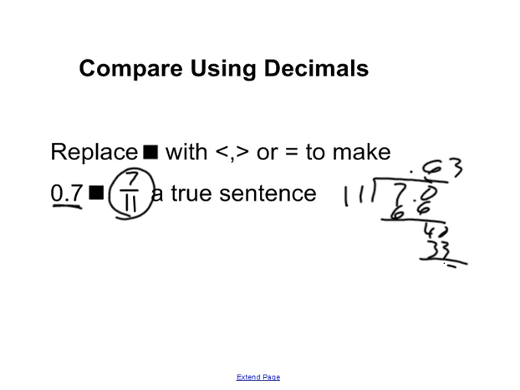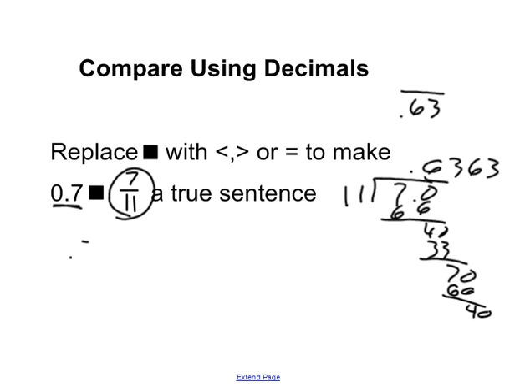It would be 33. 11 will go into 70 6 times. I think I've got a repeating decimal here. I think it's 0.63 with a bar over it, because it repeats.